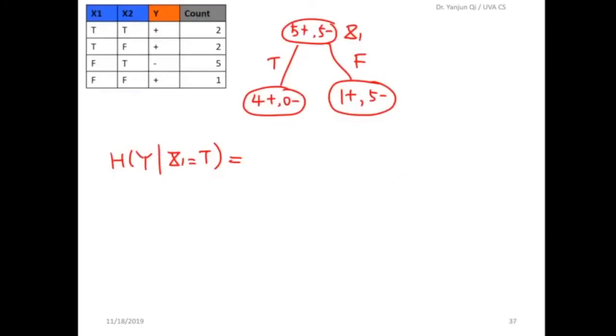And that's for a specific x. It's minus the summation of P log P. And in this case, it's P yes or P no, right? So there are only two cases. Actually here, the P is y.